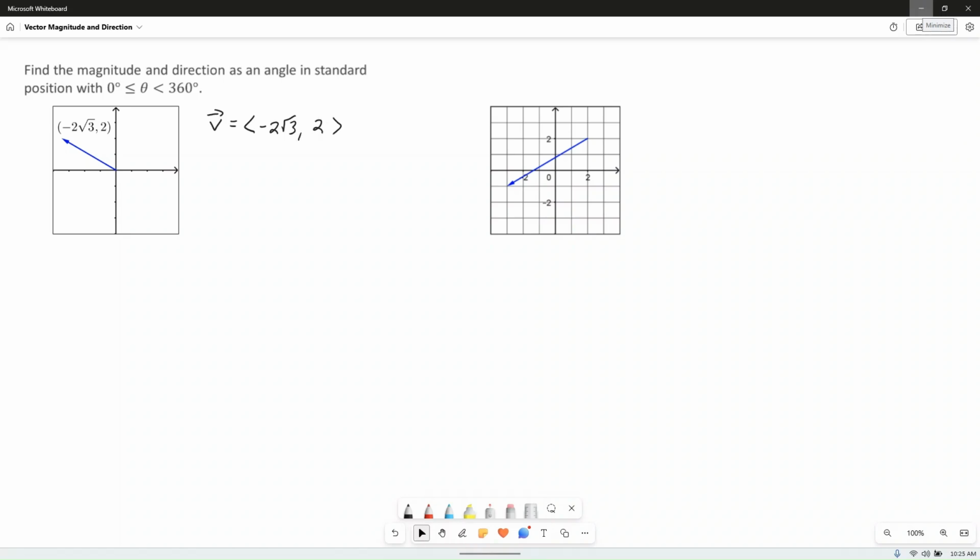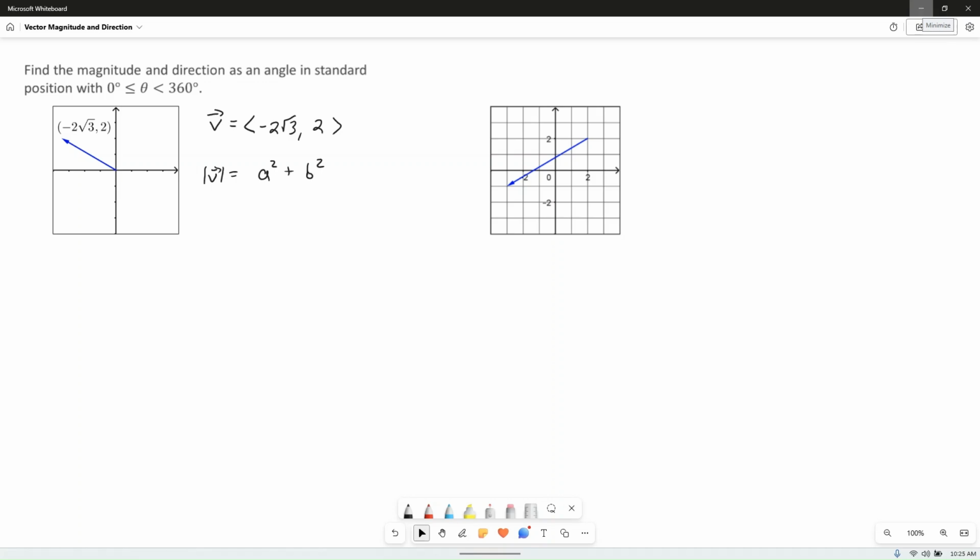All right, so that's what our component form looks like. Again, since the vector started at the origin, the component form corresponds to the same values as the actual terminal point's coordinates.